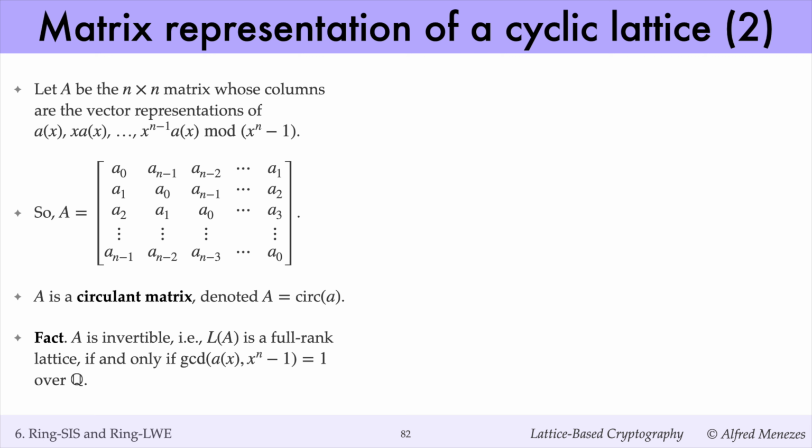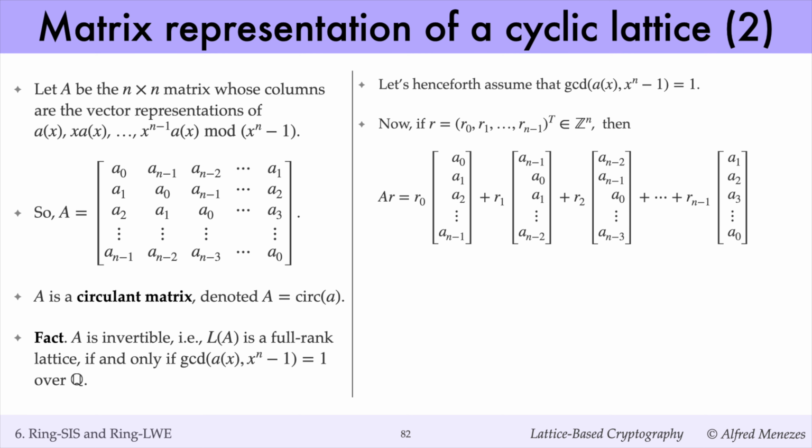It turns out that A is invertible if and only if a(x) and x to the n minus 1 are relatively prime over the rational numbers. So the lattice with basis matrix A is a full rank lattice if and only if a(x) and x to the n minus 1 are relatively prime. We'll henceforth assume that a(x) and x to the n minus 1 are indeed relatively prime.